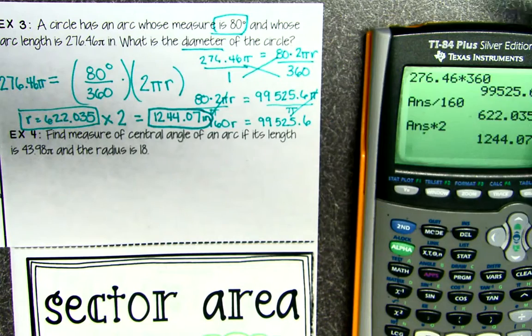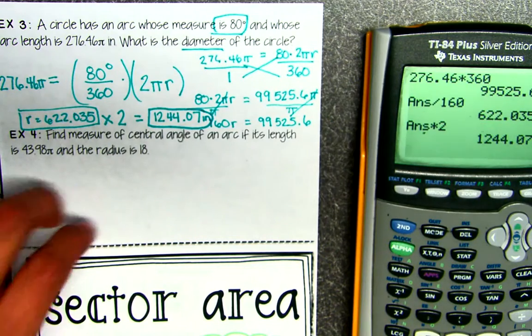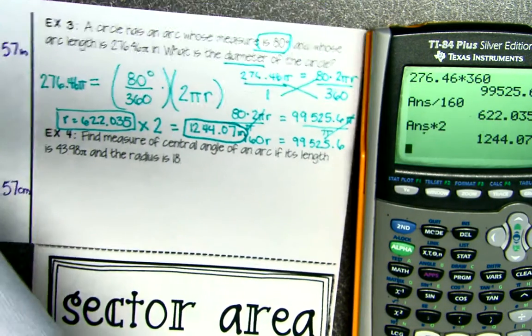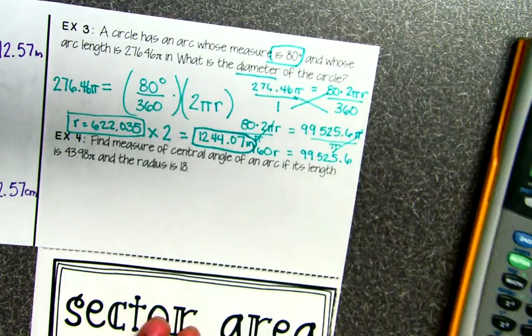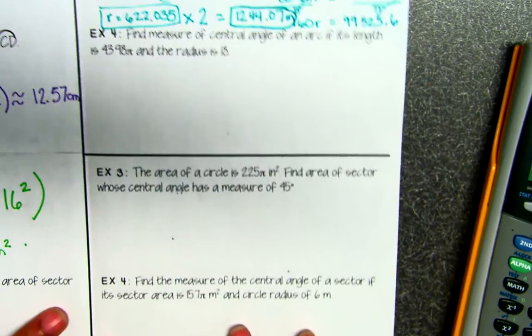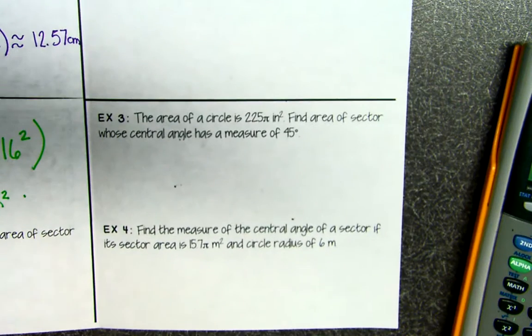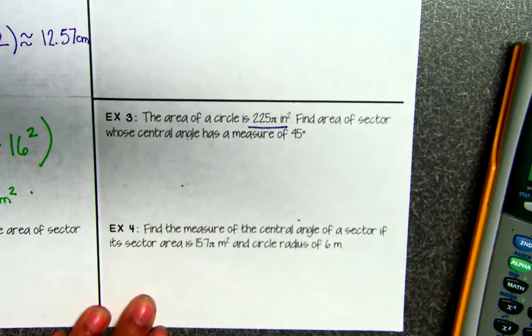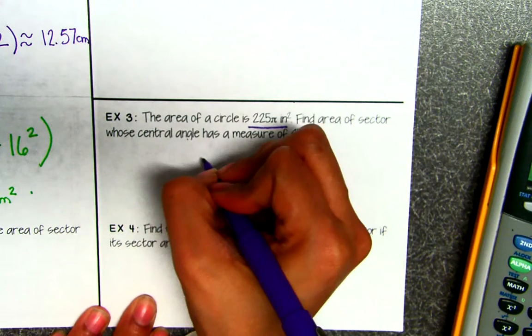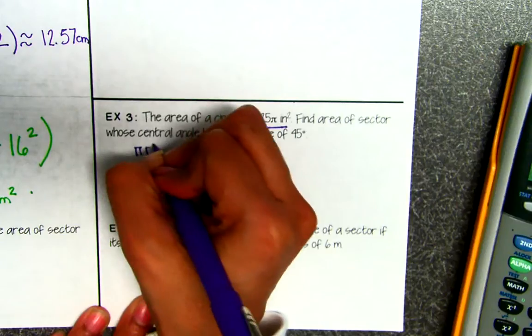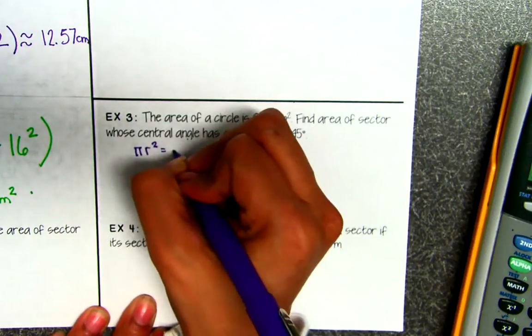Okay, try number 4 on your own. Let me do the last one. The area of a circle is 225 pi. So it's telling me that pi r squared equals 225 pi.